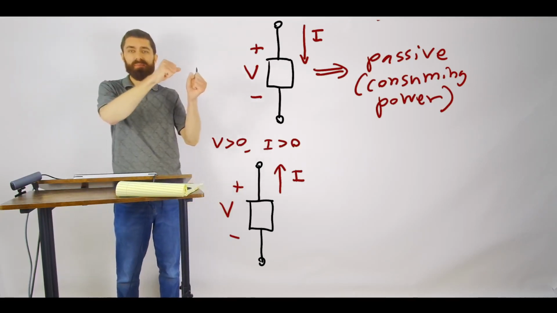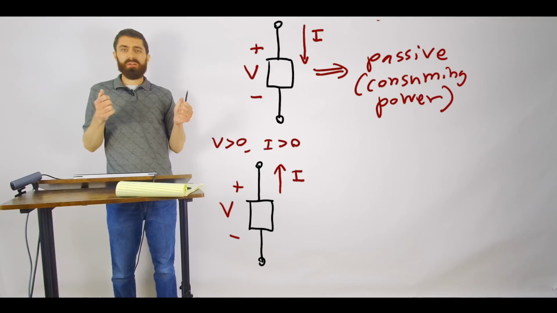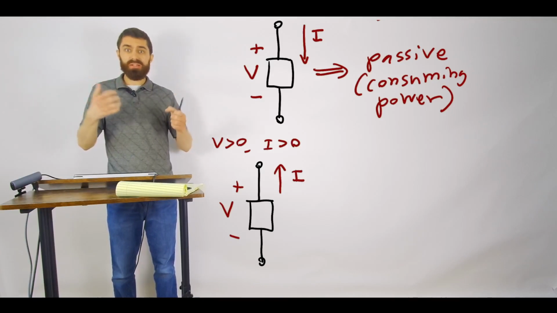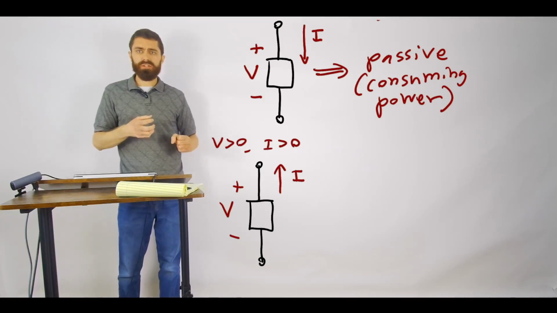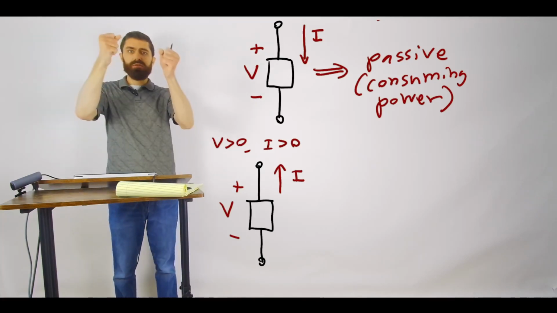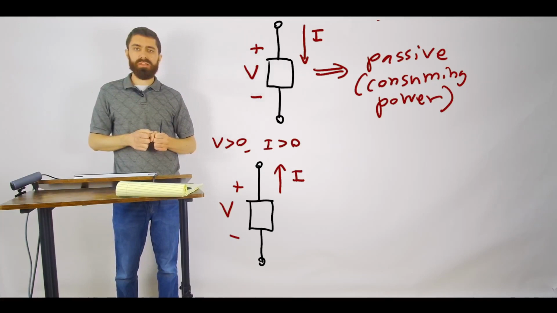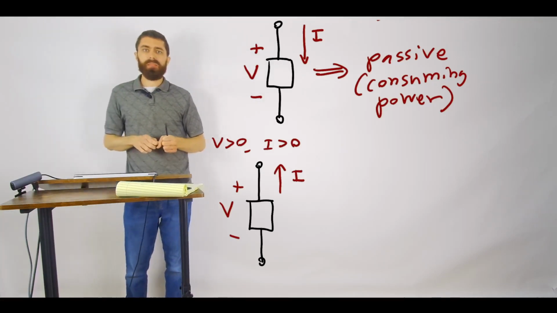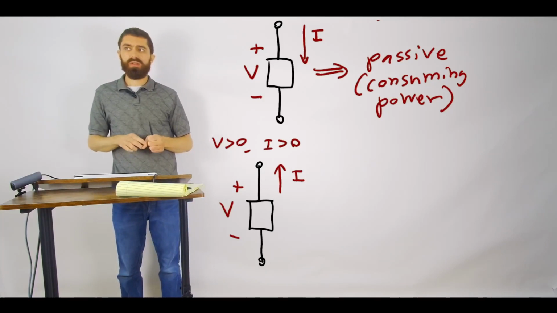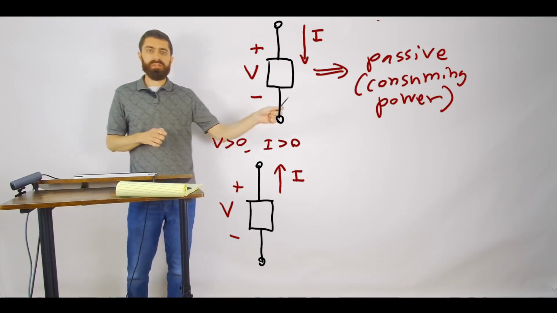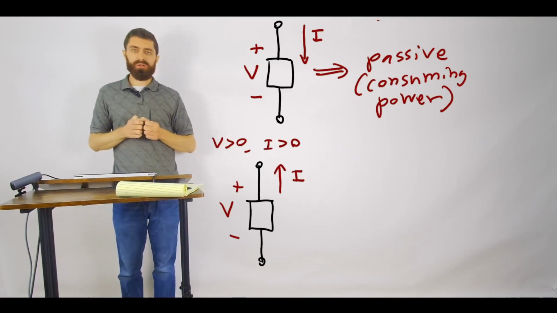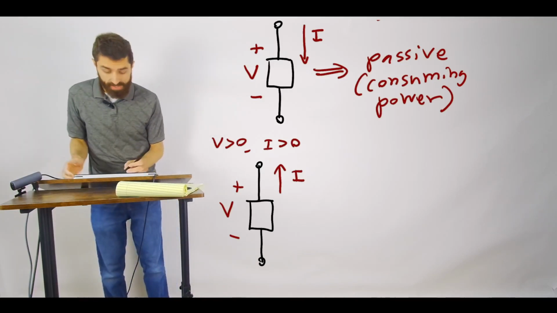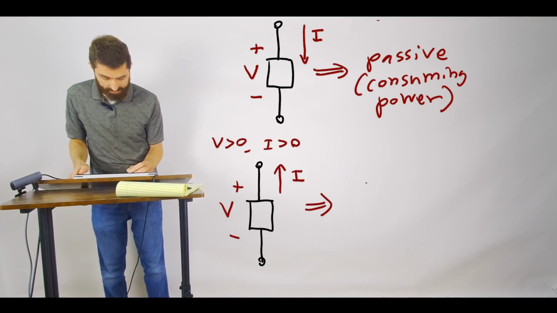What it's actually doing is you're adding energy to the circuit, right? This is a case where it's the opposite of consuming power. You're actually adding power. So this would be like a battery, or it would be active.